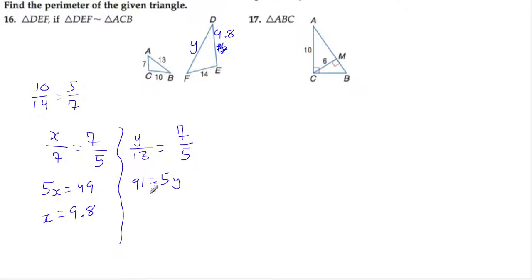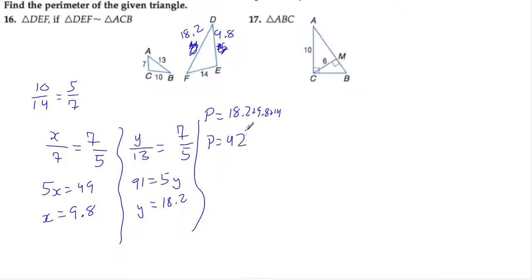And if I divide that by 5, I get that y is equal to 18.2. So then the perimeter is going to be equal to 18.2 plus 9.8 plus 14. And so that is equal to 42.